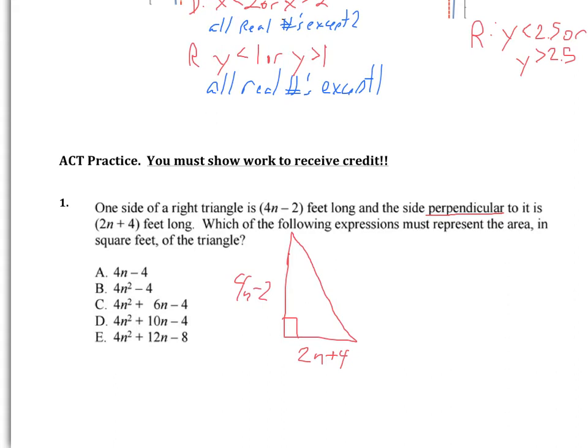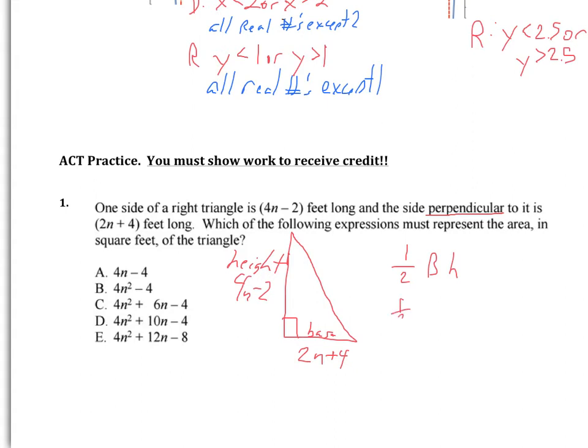It asks us to write an expression for the area. Remember that the area of a triangle is 1/2 the base times the height. And so in this case we have the base here, and this is the height right here. It turns out just because you're multiplying it doesn't matter which one's which, but here we go.